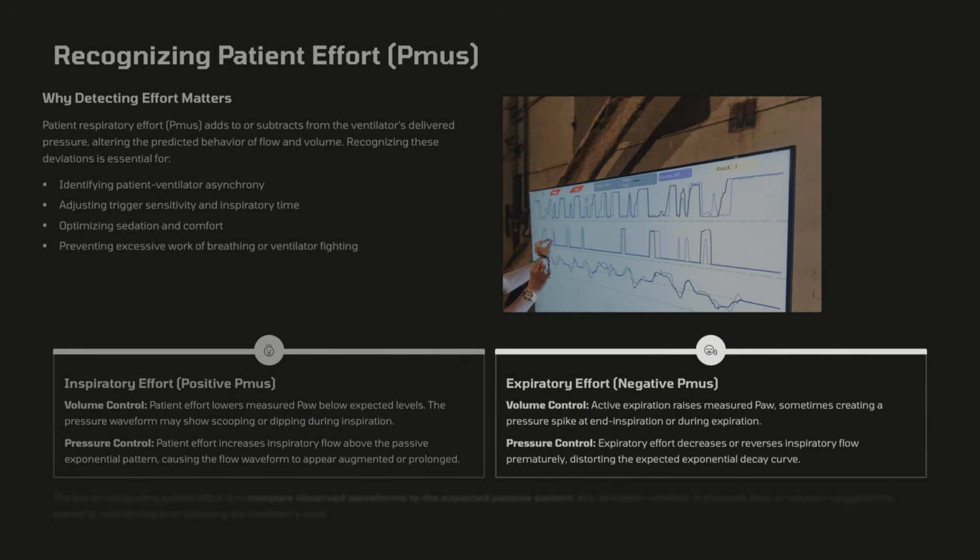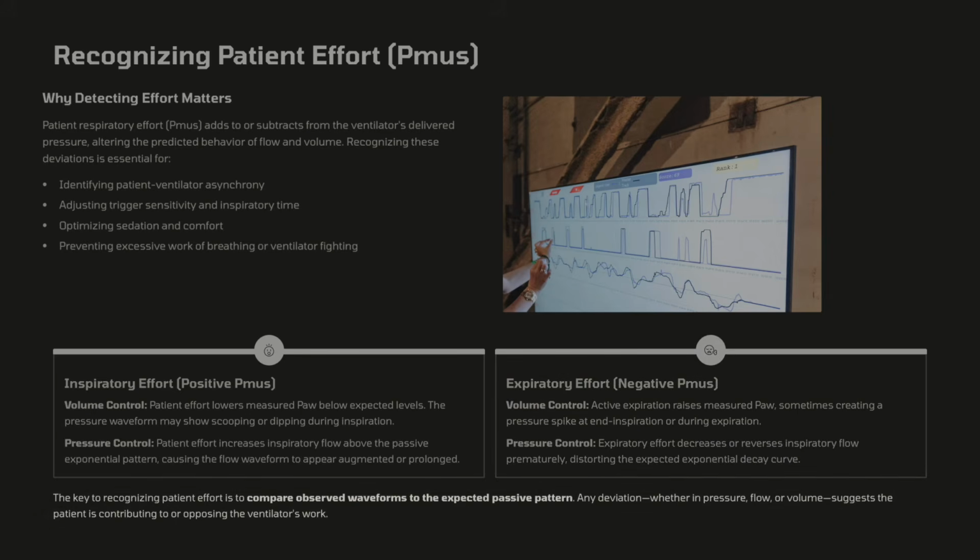And if there is a negative P mus, that is active expiration, it raises the peak airway pressure, sometimes creating a pressure spike at end inspiration or during expiration. In pressure control, the expiratory effort decreases and reverses the inspiratory flow prematurely, distorting the expected exponential decay in the curve. You will find the patient is reaching inspiration earlier.